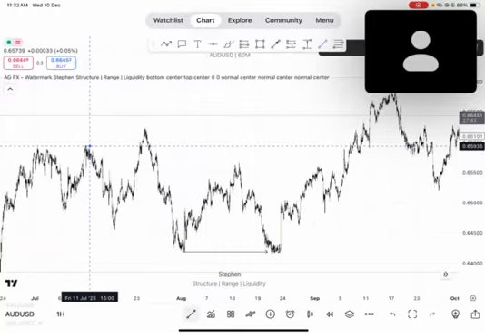So the next thing we want to talk about is POI. Okay, so where is this chart?